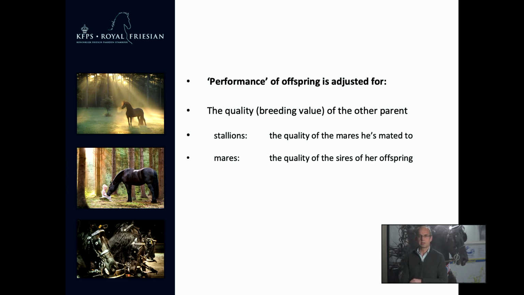We all know that one stallion is used on better mares than another, and you want to adjust for that, because it wouldn't be fair that the stallion that is used on better mares will have a higher breeding value. So it is totally unimportant for the breeding values if a stallion has a lot of chances by being used on good quality mares, instead of mares that are of more average quality. So those are 3 reasons that breeding values are more powerful than predicates.